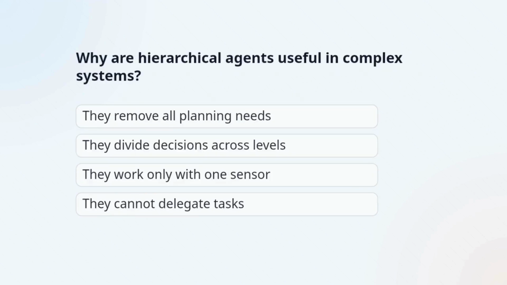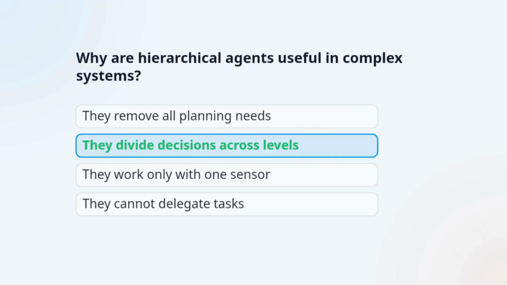Question 3. Why are hierarchical agents useful in complex systems? The correct answer is they divide decisions across levels. Hierarchical agents separate high-level strategy from low-level execution, making large systems easier to organize.